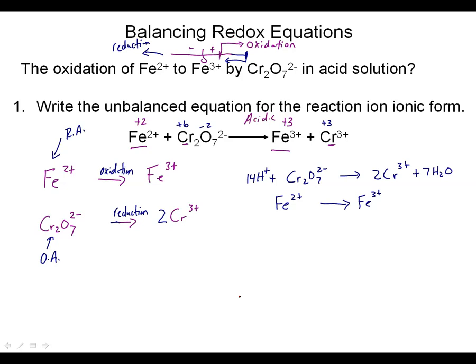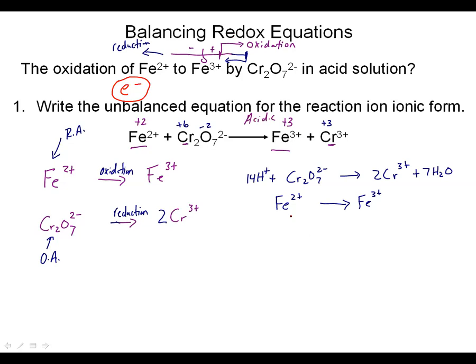The easiest way to do this so you don't screw up is to do the overall charge on each side. To balance out the charge, we're going to add electrons. We basically need to add electrons to whichever side needs the negative. So let's take a look here first at the iron.